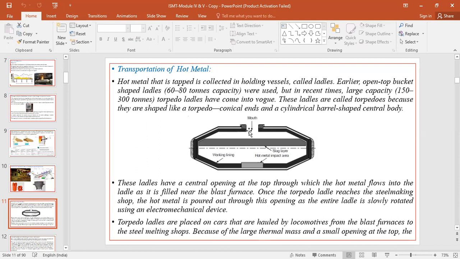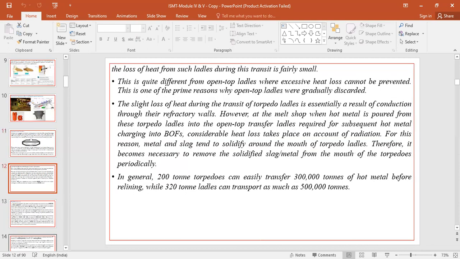Hot metal gets collected into the transfer ladles, which are lifted by the cranes. There is a certain amount of heat loss during travel from one department to another, and also heat loss through the refractory walls by conduction.